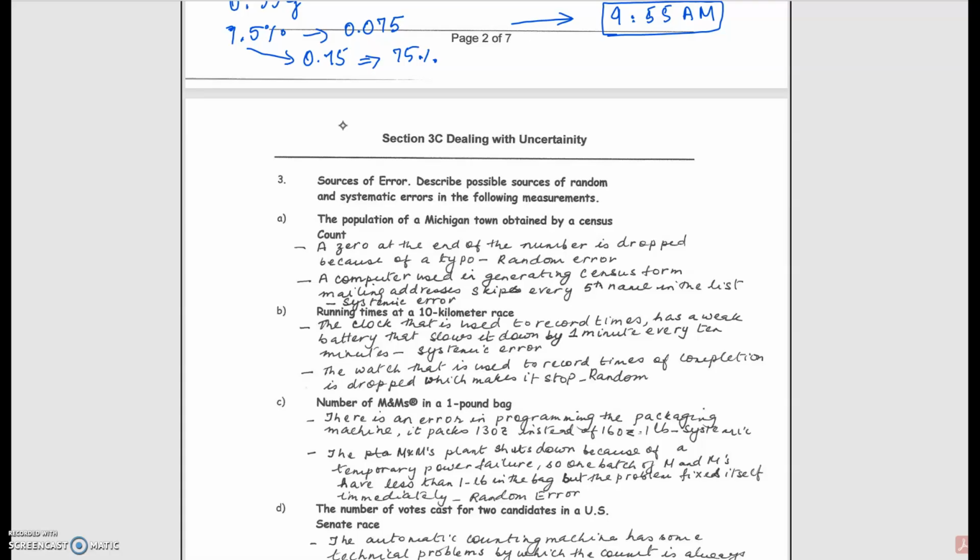Now let's look at this one problem with several examples. What kind of errors could possibly happen when the population of a Michigan town is obtained by a census count? So a census is when you collect data from each household in this Michigan town and you enter it into a system, and then of course the data is analyzed after that.